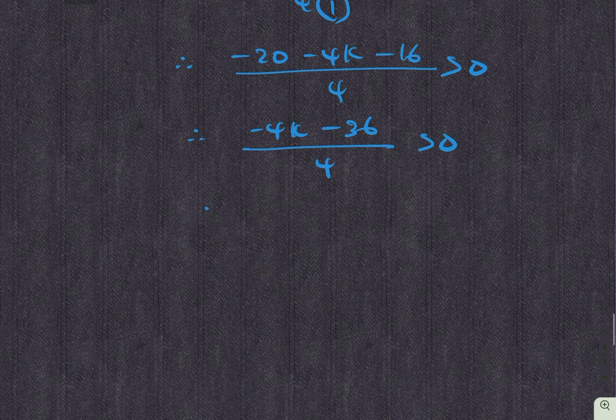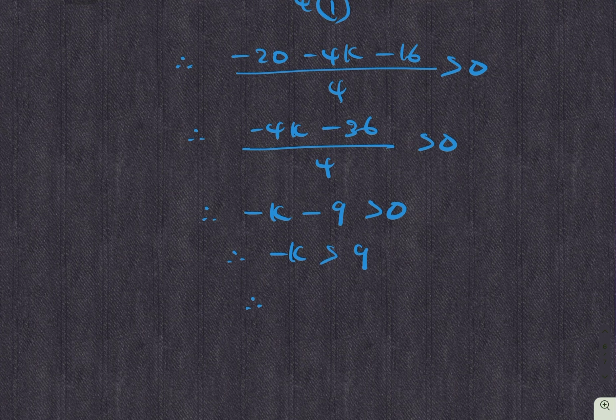If you really divide everything by 4, think about it, divide everything by 4. This is really going to be negative k and negative 9 bigger than 0. Therefore, you will get negative k bigger than positive 9.